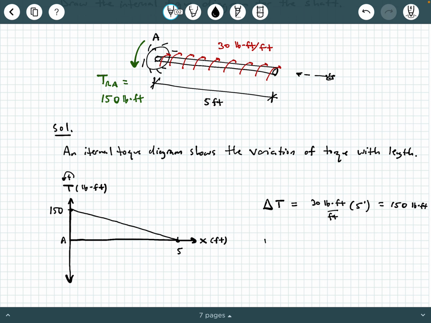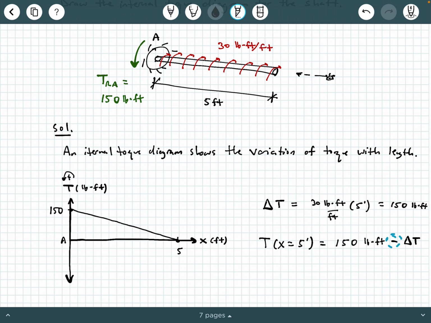So that means that the torque when x equals 5 feet is going to be equal to that initial positive 150 pound-feet, and then we're going to say minus delta T.